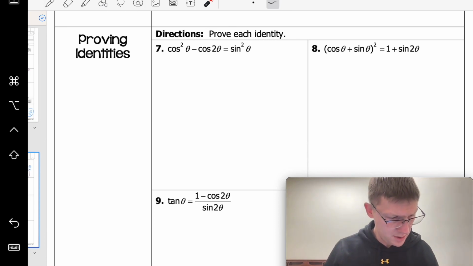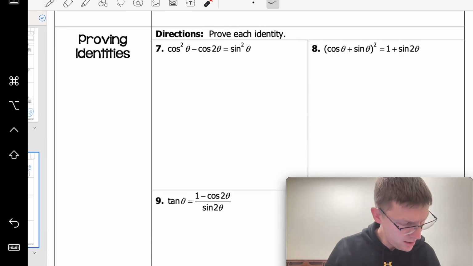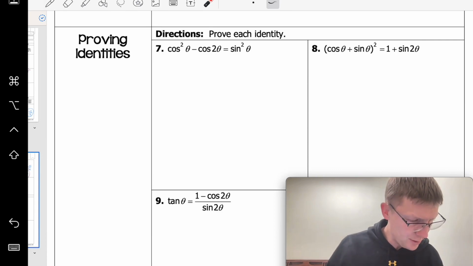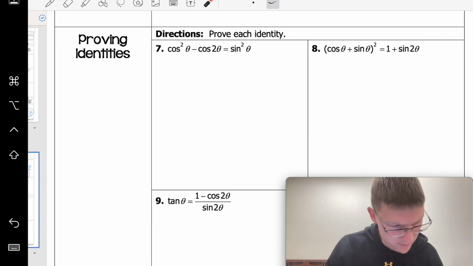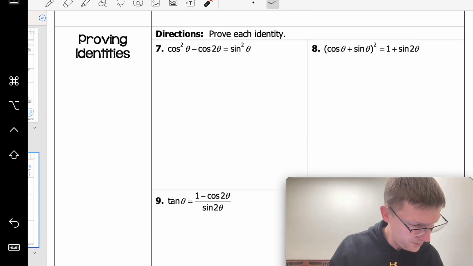And which one do I want to use? So I need to get down to sine squared. I have a cosine 2 theta equals cosine squared minus sine squared and a minus sign. So that, I think, would get us where we need to go.